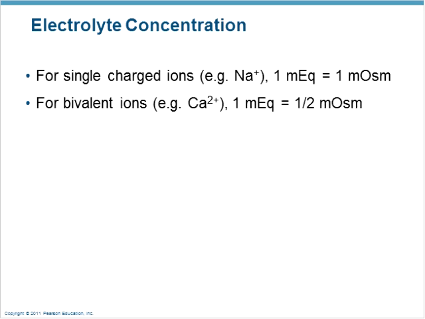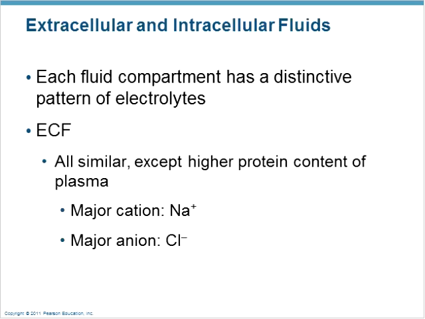So that kind of gives you a feel for what's going on. For a single charged ion, like sodium, 1 milliequivalent equals 1 milliosmole. For bivalent ions like calcium, which has a +2, 1 milliequivalent equals 1/2 mole, or osmolality.